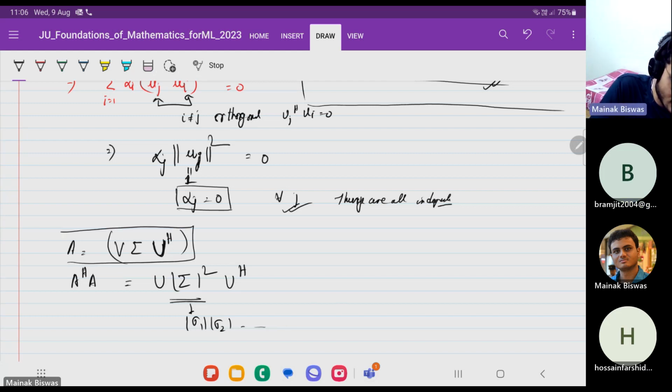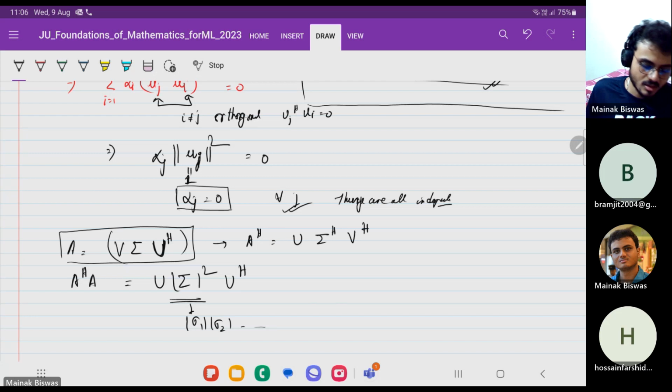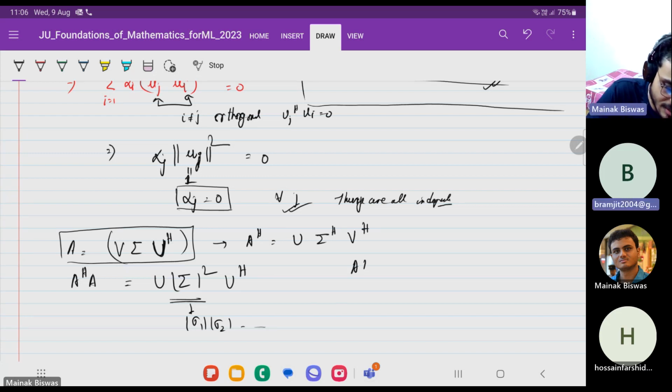This is clear, right? So what is A Hermitian? U sigma Hermitian V Hermitian. Yes or no? Then multiply to get A Hermitian A.